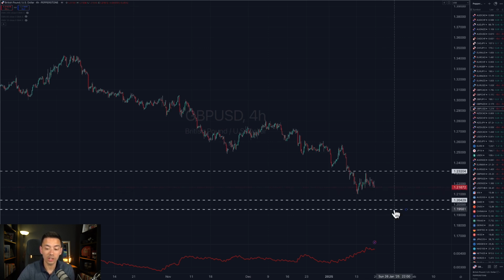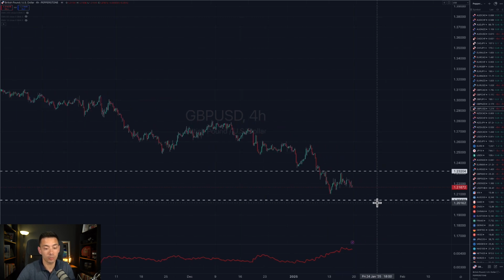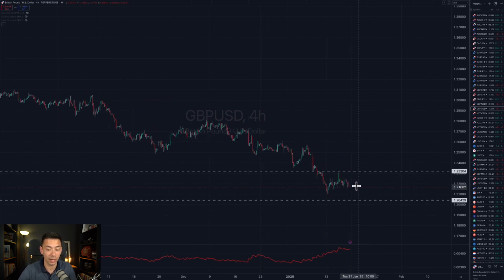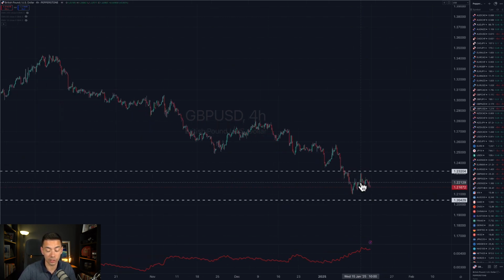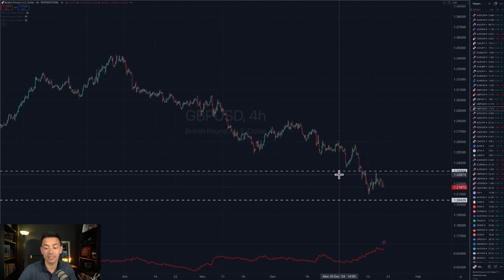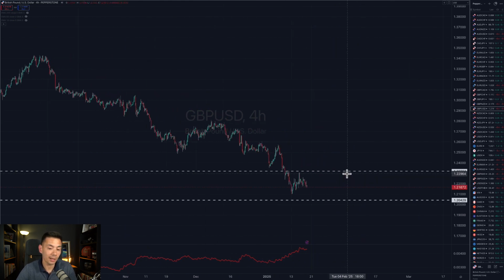Now, once we've got that, we're going to be looking at the same thing as you had on the Euro dollar and the Aussie dollar, and that is we're looking to sell rallies in this. It's quite clear that for the next few months at least, the US dollar is going to be the strong currency of all of the currencies.